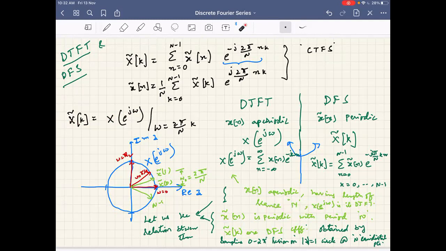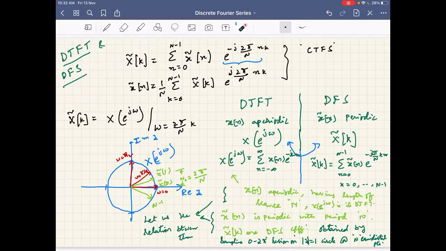And X tilde of k might have come from a periodic sequence of length N. So we can't directly say that X tilde of k is a sampled version of X of e power j omega. In some cases, it is exactly a sampled version, when the sequences that generate X of e power j omega and X tilde of k are of exactly the same nature and length.